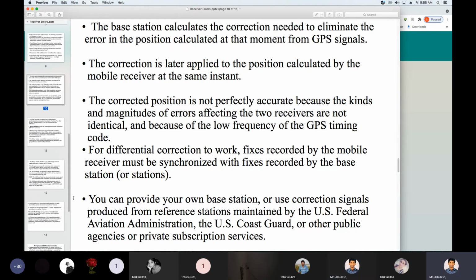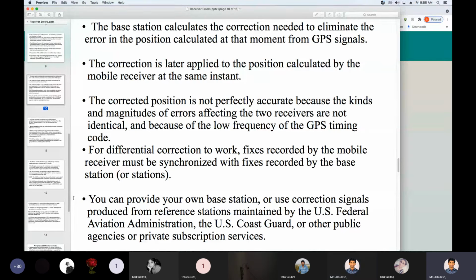The correction is later applied to the position calculated by the mobile receiver at the same instant.